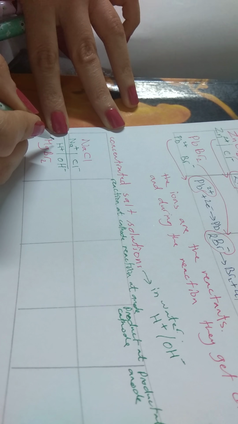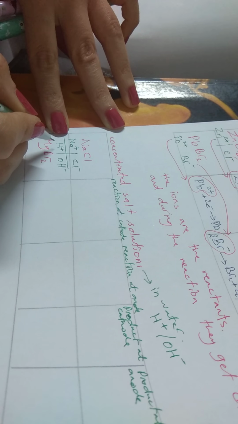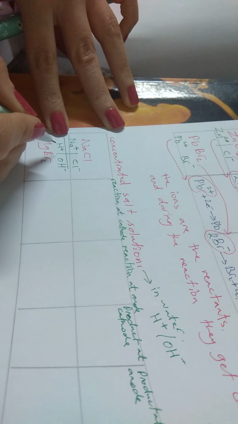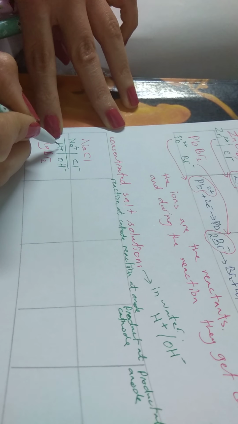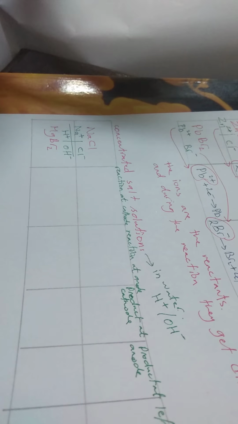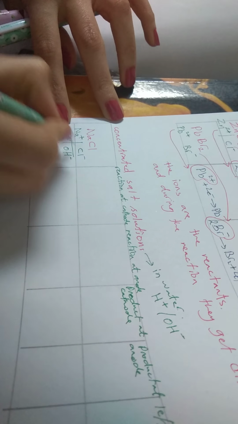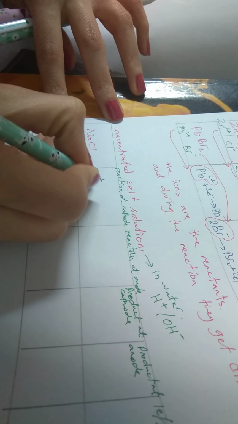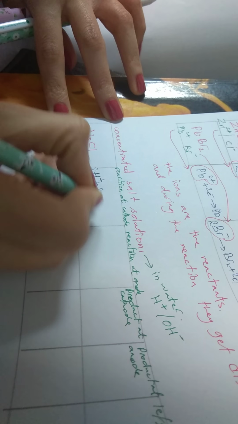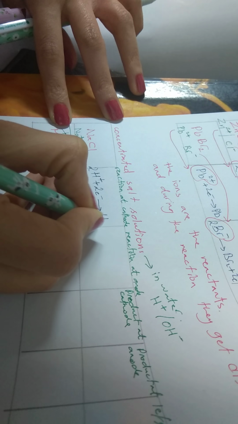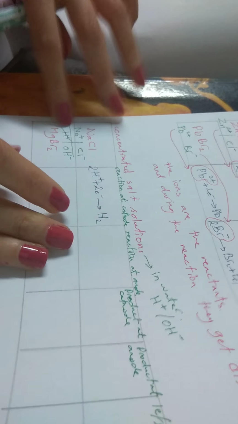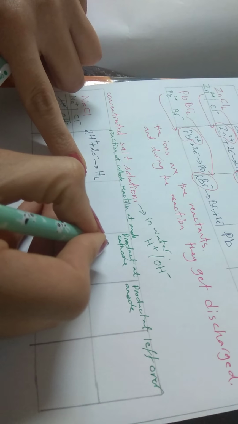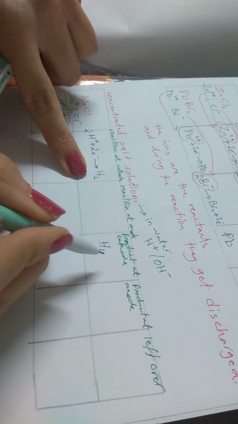As we said before, always the less reactive ion is the ion that will be discharged at the cathode. So H+ is the ion that will be discharged at the cathode. It will accept electrons and it will give hydrogen gas. So the product at the cathode is H2, the hydrogen gas.